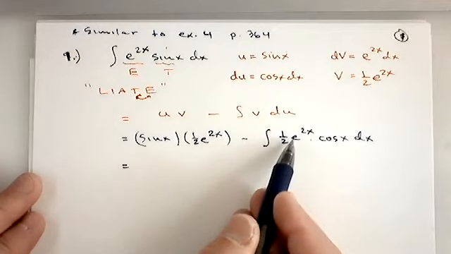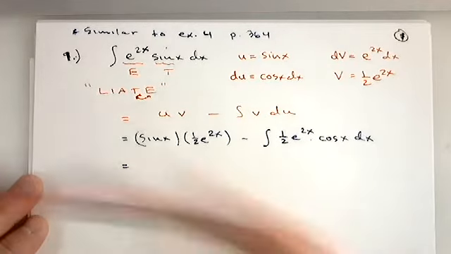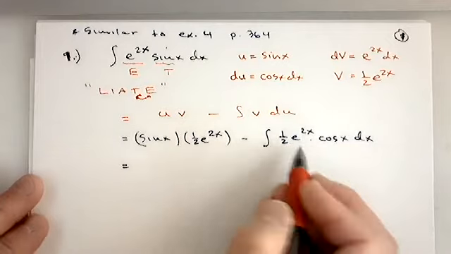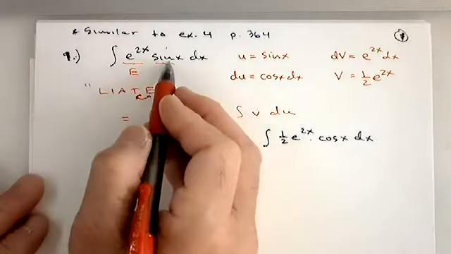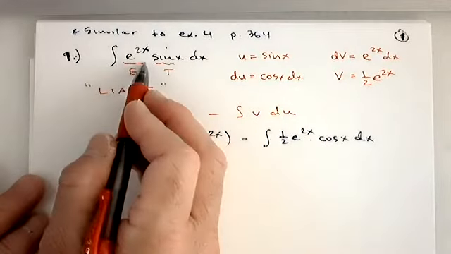I think I might just leave it there to make less work later on. But notice in this integral that I still have to do here, I have e to the 2x, but this time it's times cosine of x. And so it's another integration by parts.